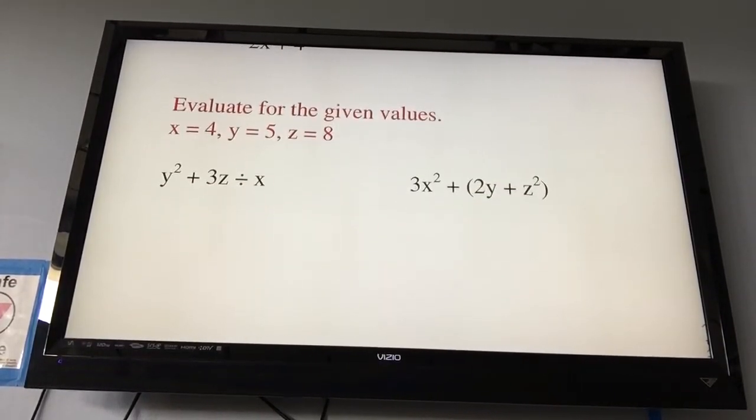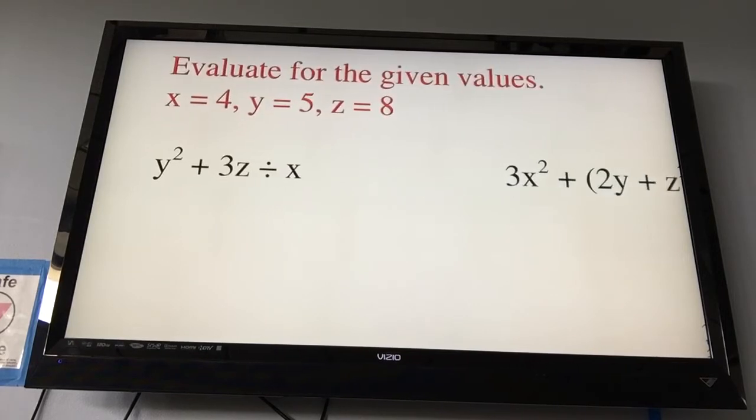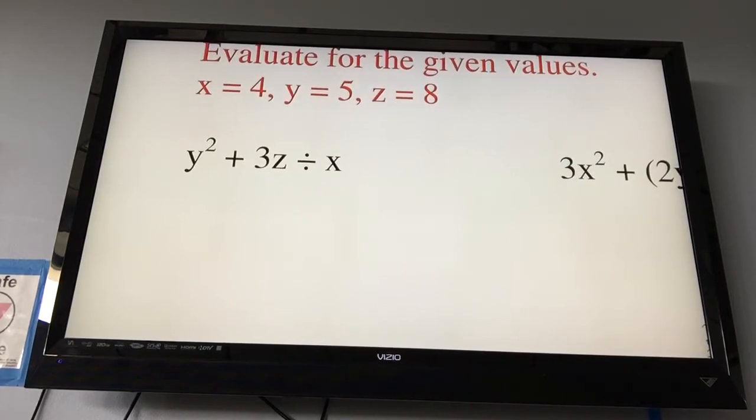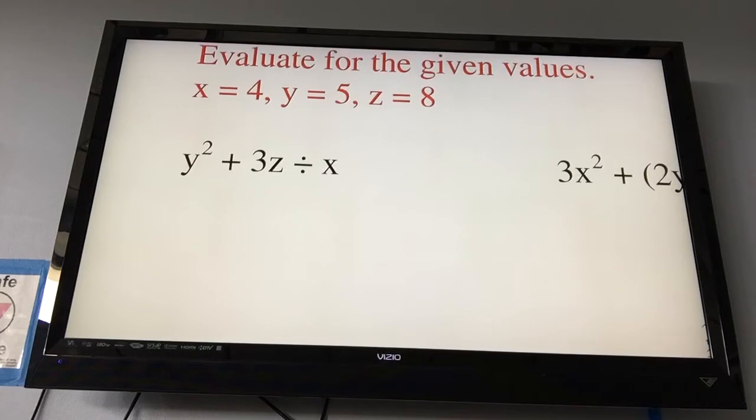Here I have a variable expression that I want to evaluate. So I want to evaluate where x equals 4, y equals 5, and z equals 8. This is a matter of plugging in the numbers for the appropriate letter and then following our order of operations.